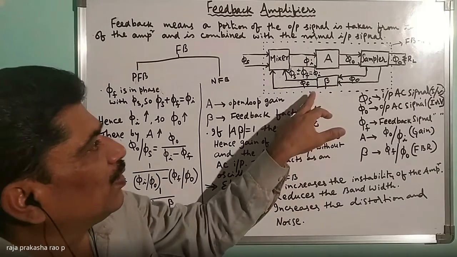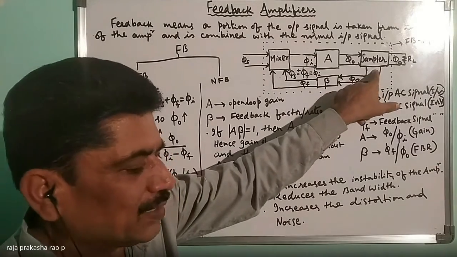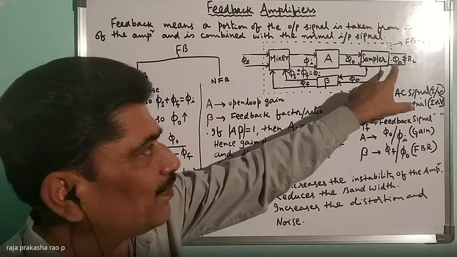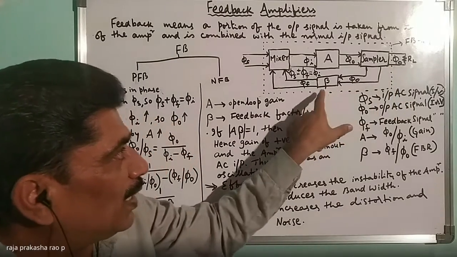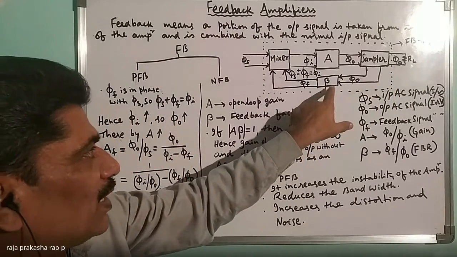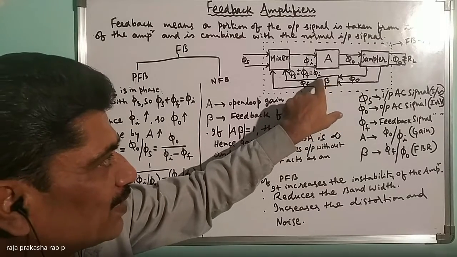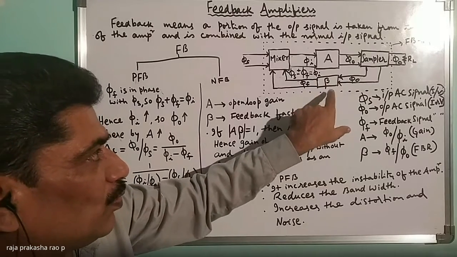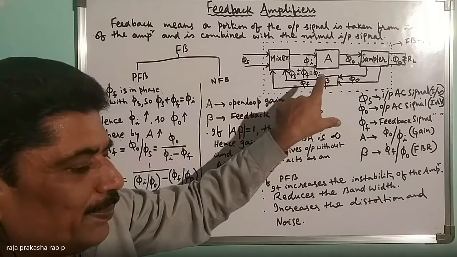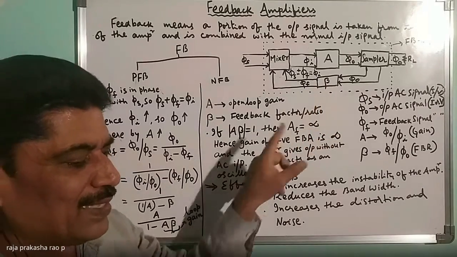Look at the board now, the sampler is used for redirecting the output signal to the feedback network. We call this the feedback network, which has got feedback ratio beta which is less than 1.